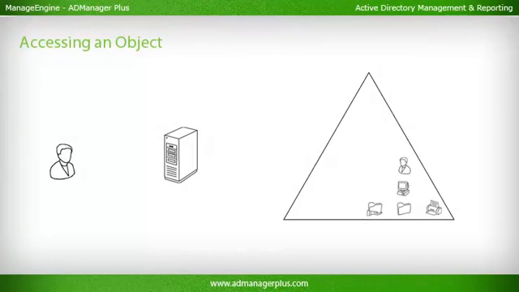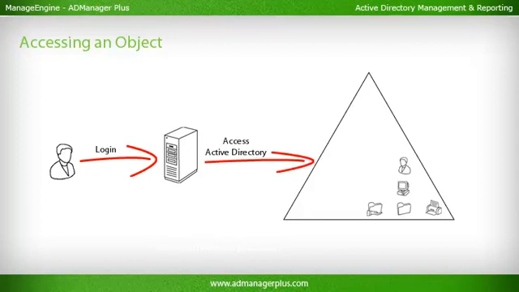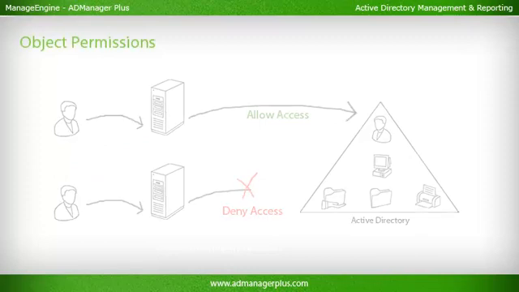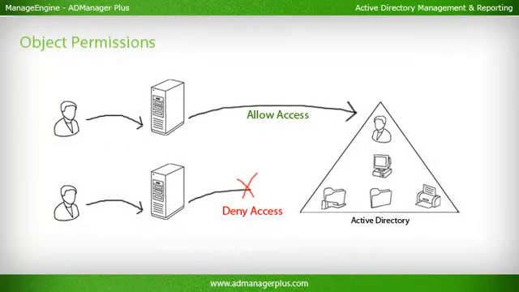Accessing an object. To access an object, a user must have access to the Active Directory domain, access to the Active Directory, and access to the specific object. Object permissions. Permissions allow or deny access to an object. Permissions allow a user or object to carry out specific operations or actions on other objects.